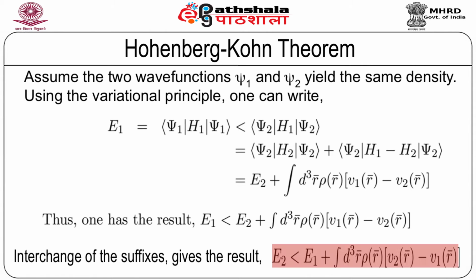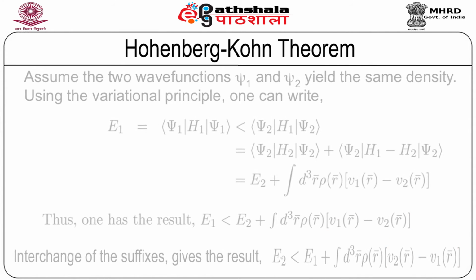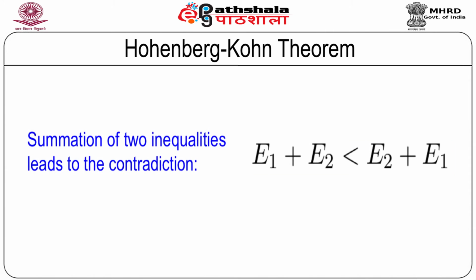By doing that, one lands up with the expression E2 is less than E1 plus integral dr ρ(r) times (V2 minus V1). Now, one can sum these two inequalities, and the second term in both the right hand sides cancel each other, and then one is left with E1 plus E2 is less than E2 plus E1. Clearly, this is an impossible situation because it's a contradiction.